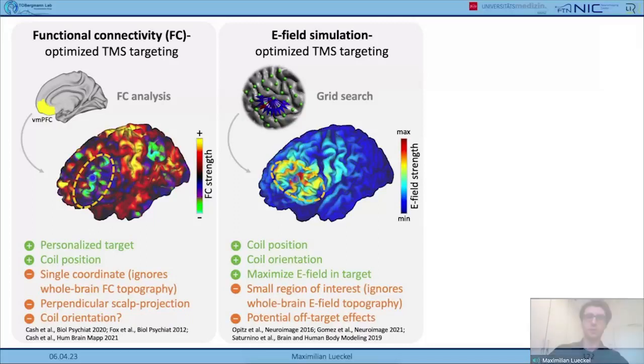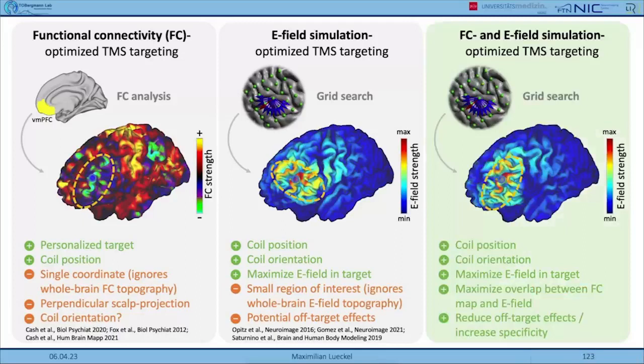And this is why, next slide, please, we aimed to slightly extend this approach by taking into account the whole brain topography of both the individual functional connectivity map and the induced E-field.